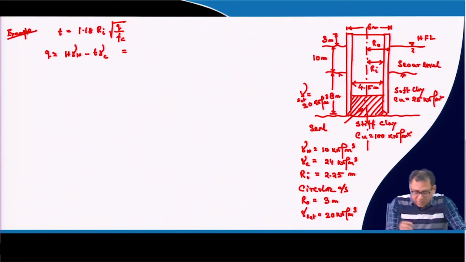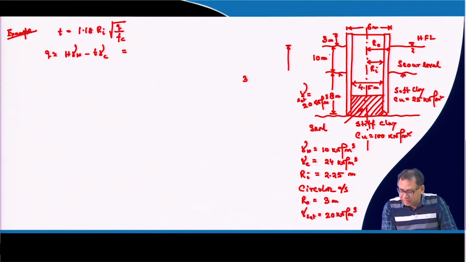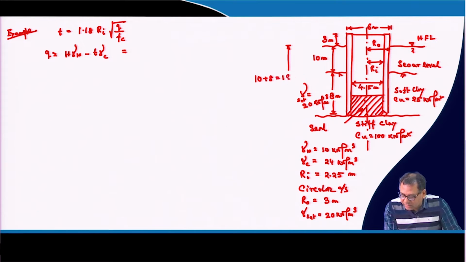So, now what is the buoyancy? I have the stress or the pressure due to the buoyancy. H is the total height of the water level from the base, because buoyancy is acting at the base. So, that is 10 meter plus 8 meter, that is 18 meter.